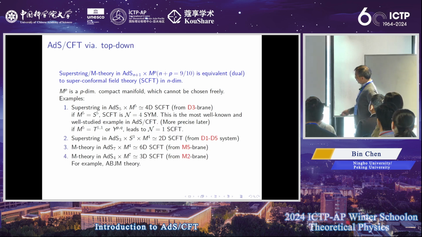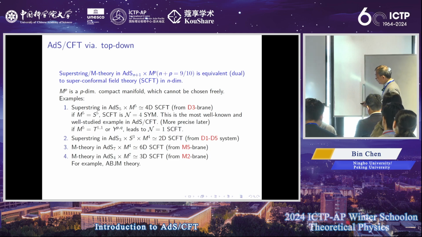And in M theory, we also have another non-perturbative object, the so-called M2 brane. From this membrane, one can get this AdS4 × M7. So M theory on AdS4 × M7 is equivalent, or dual, to a 3-dimensional superconformal field theory.